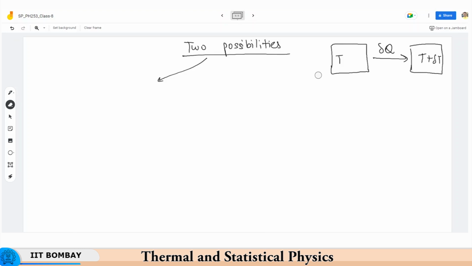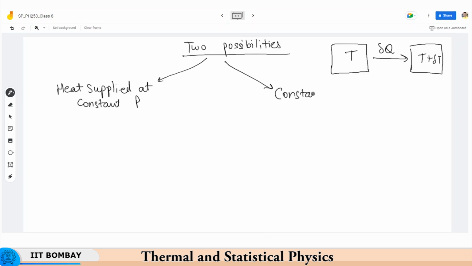So I can do this process either by supplying heat at constant pressure, or I can do this protocol by supplying heat at constant volume.